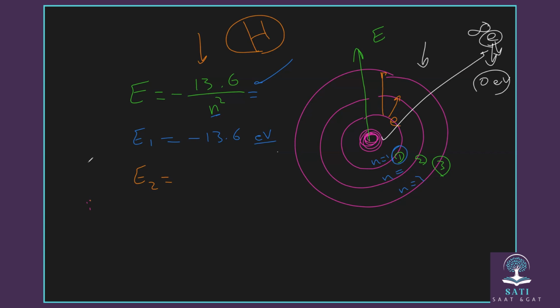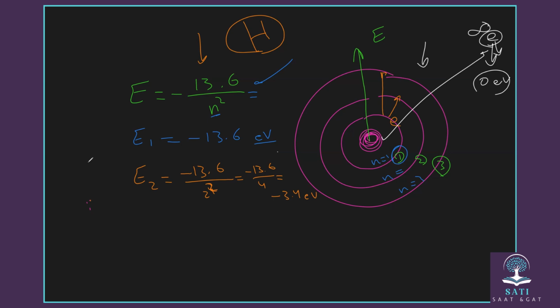For other elements, it may be different, but what we have is only for the hydrogen atom. For the second level, it's negative 13.6 over n squared, that means over 2 squared, which is 4. So it's negative 13.6 over 4, around negative 3.4 electron volt.